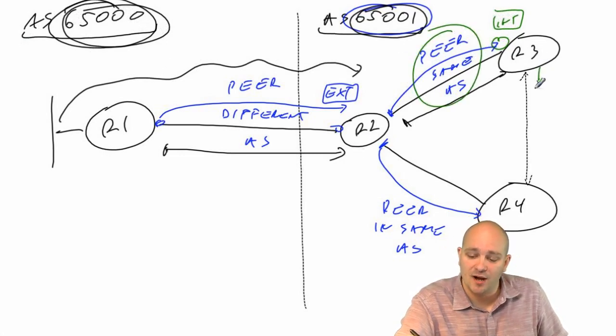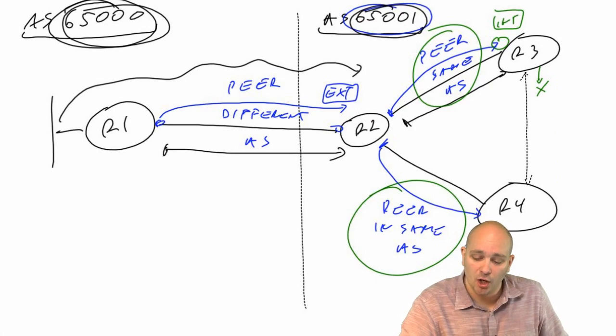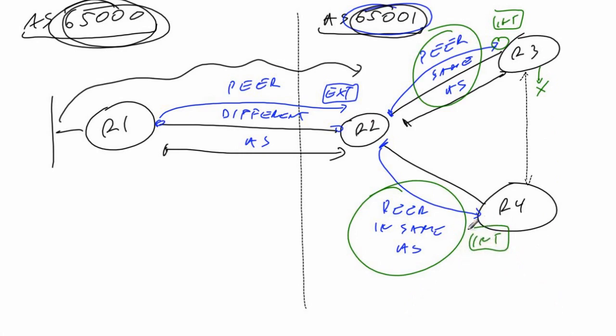That means that this route will not be re-advertised to R4. The same thing happens here. R4 learned this route from an internal peer. So R4 learned the route from an internal peer, which means it will not advertise this route to another internal peer. There is a very, very good reason why this happens.